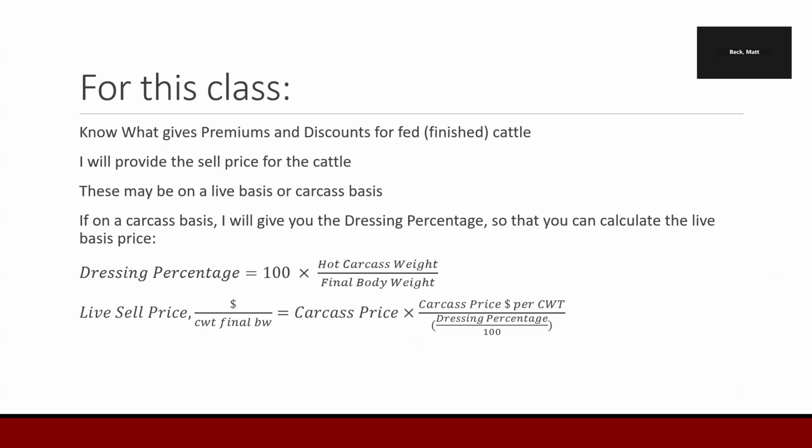All right, live sell price is equal to carcass price, dollar per hundredweight, times dressing percent divided by 100. One way you can build mental checks: should a dollar or a dollar per hundredweight on a carcass basis be a larger or a smaller number than on a live basis?